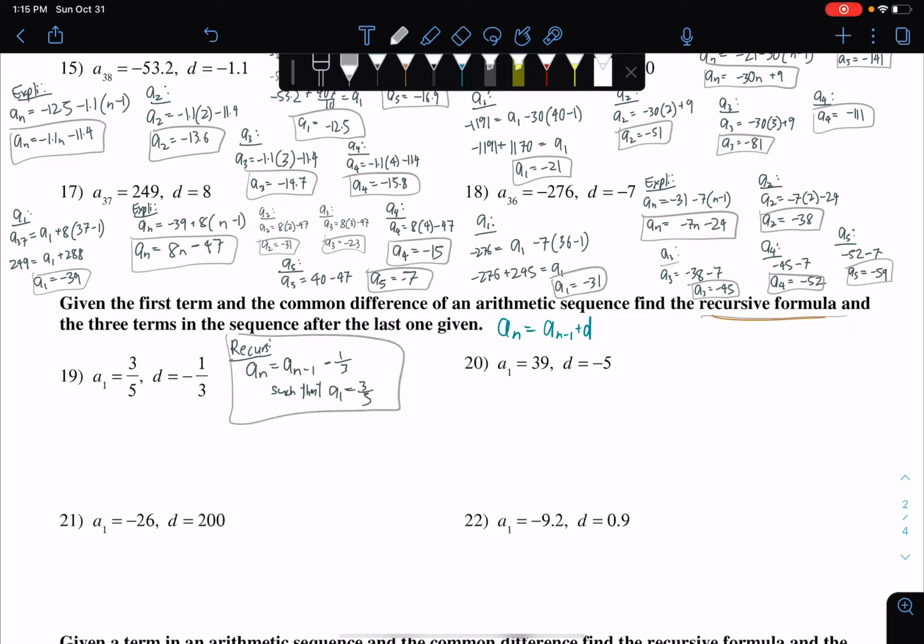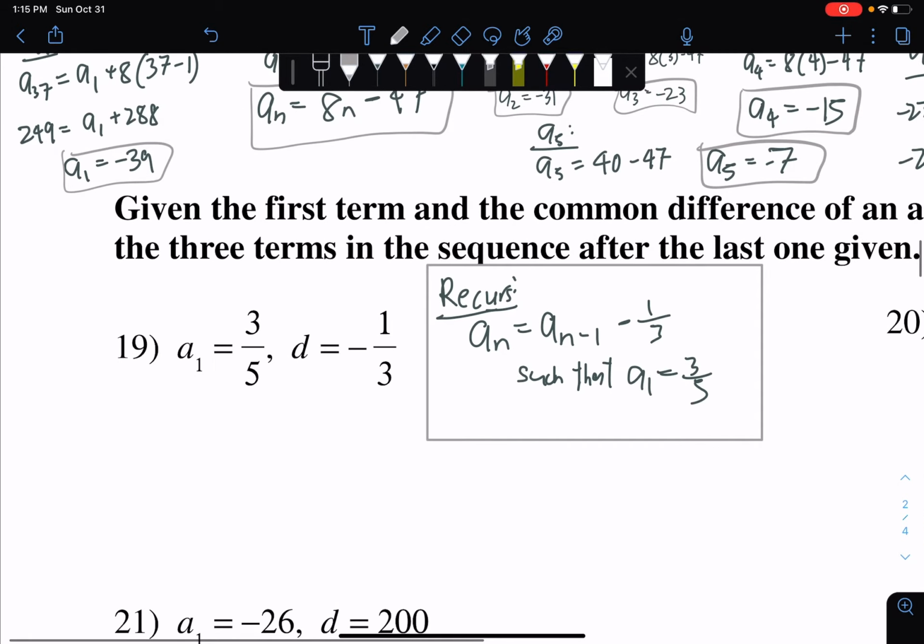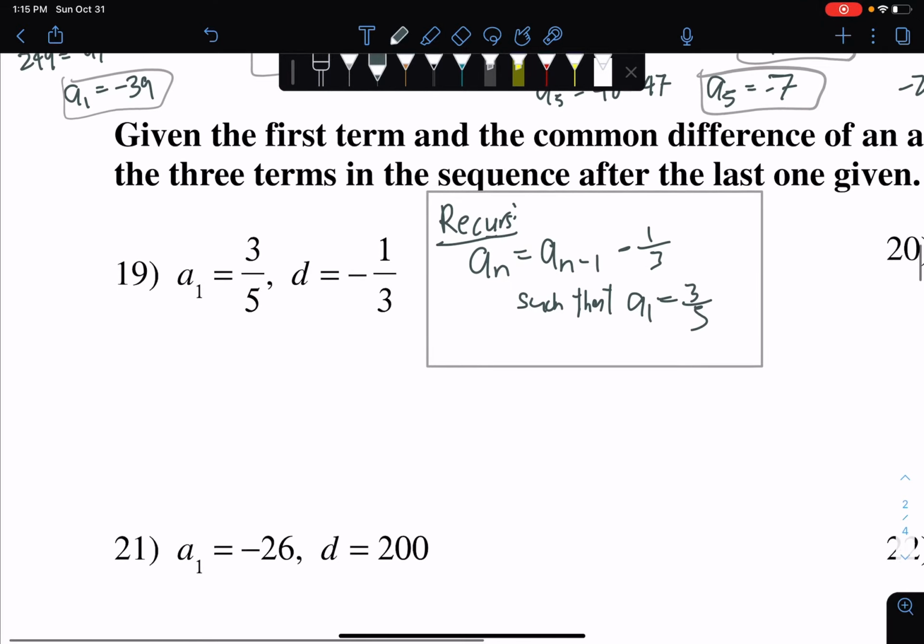That's how we find the recursive formula. We basically write out most of the formula, replace the value of our common difference, place "such that," and enumerate the value of a sub 1, whatever the value is.